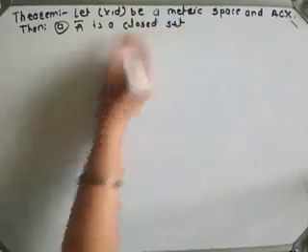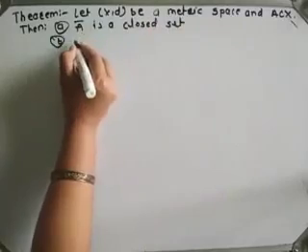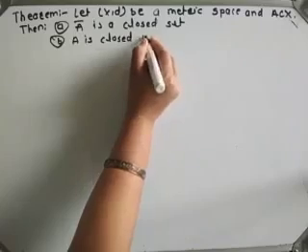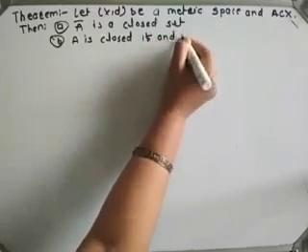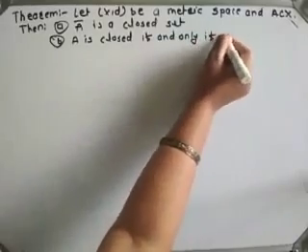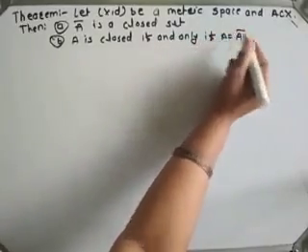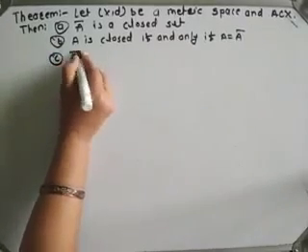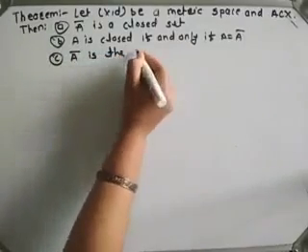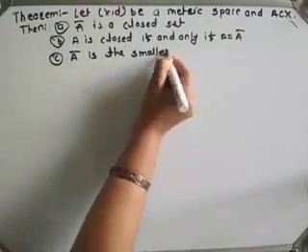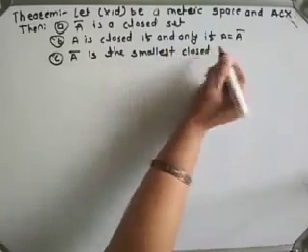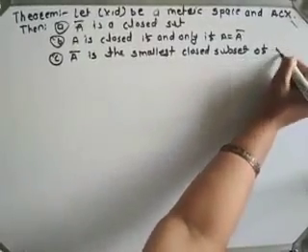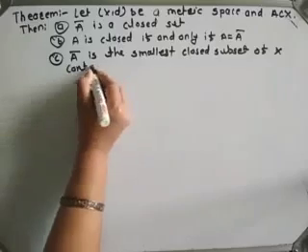Part B: A is closed if and only if A is equal to A closure. Part C: A closure is the smallest closed subset of X containing A.